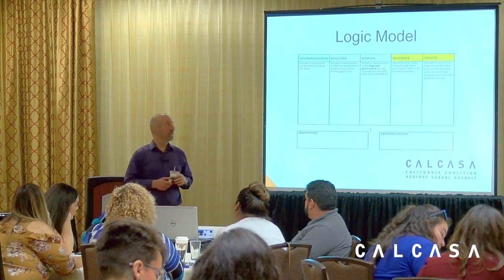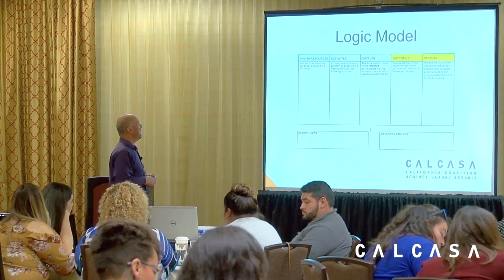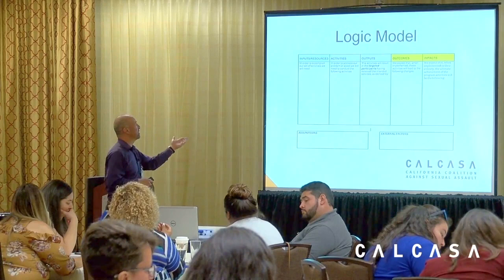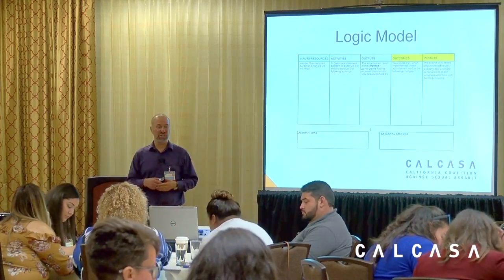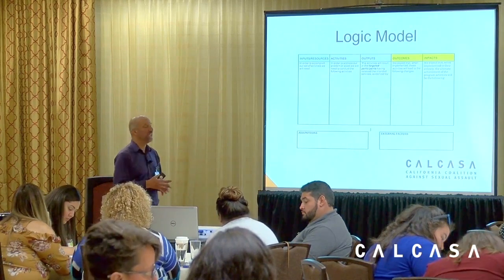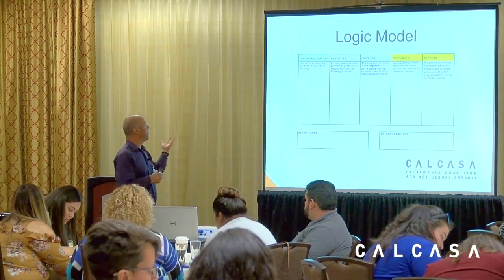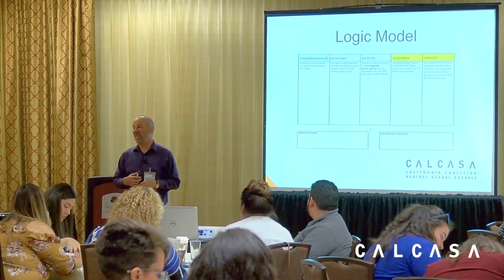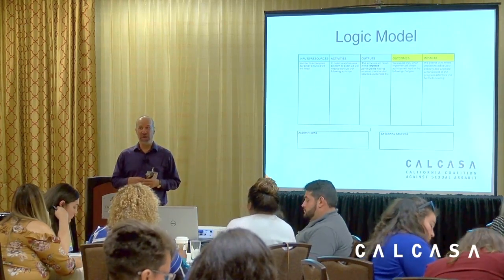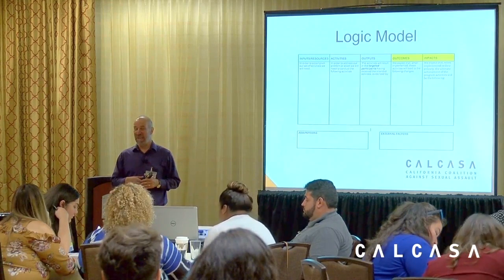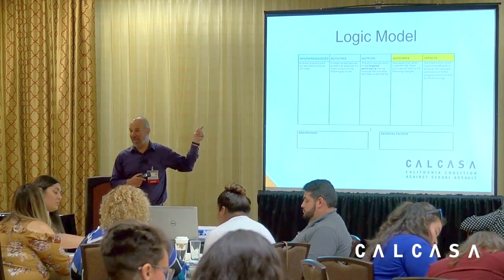Now, in it, there are the inputs and the resources. What we need to have to be able to do this. What are those different types of inputs or things we can put into it? What resources do we have available to do what we want to do? So if we're doing work and we want to end poverty, we have to be aware of what resources we have.